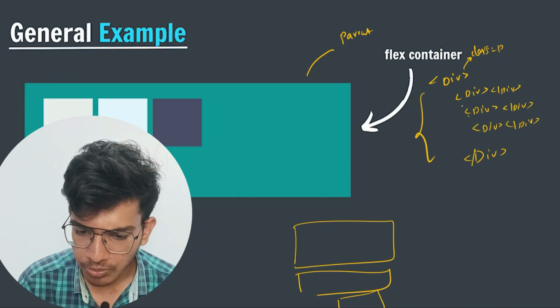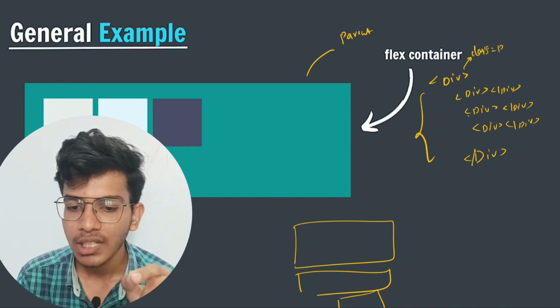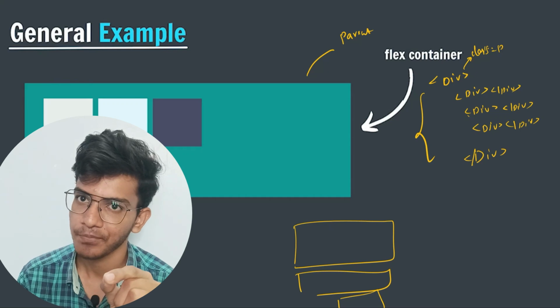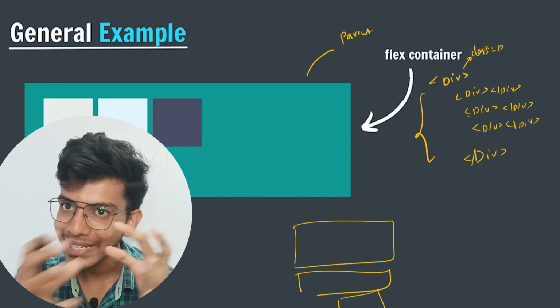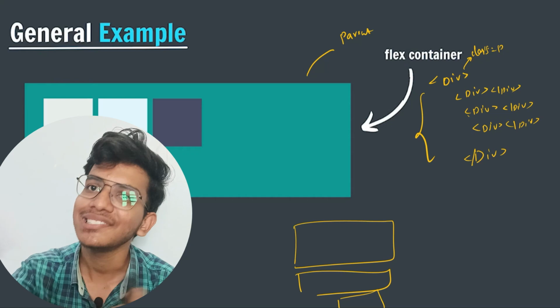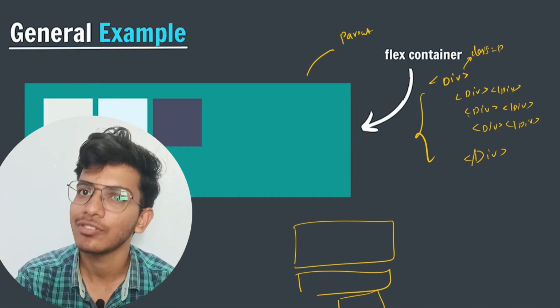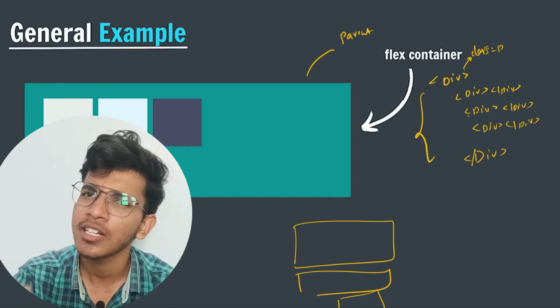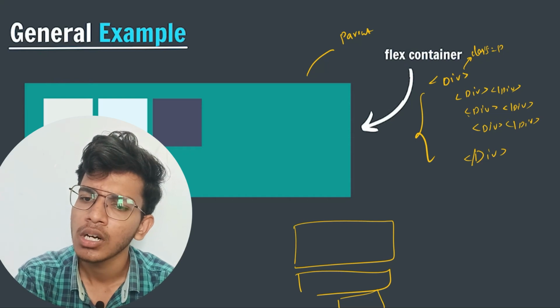Now if you observe, I want you guys to create this structure, right? Pause the video right now, create an external parent div, inside that create child divs, and give random colors to the parent div and child divs.